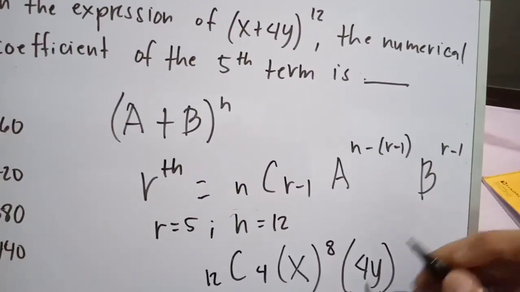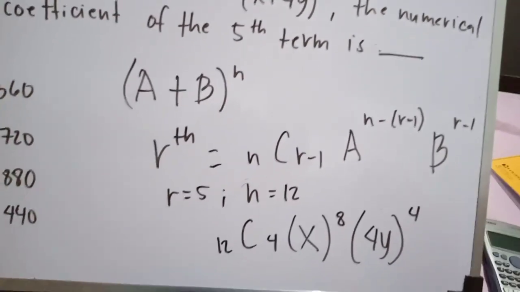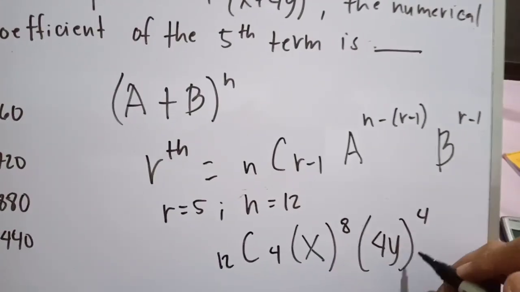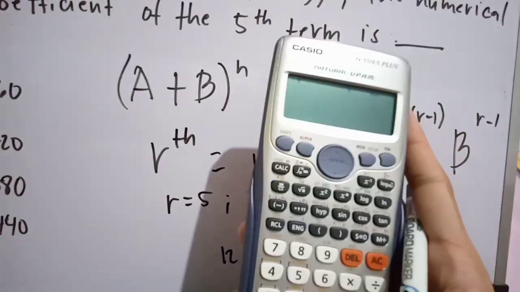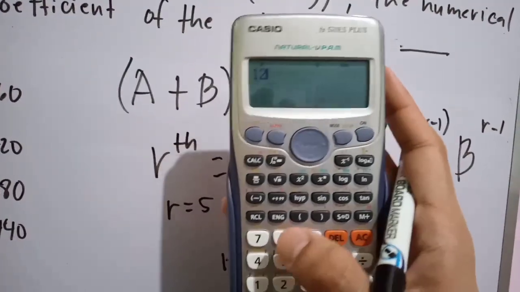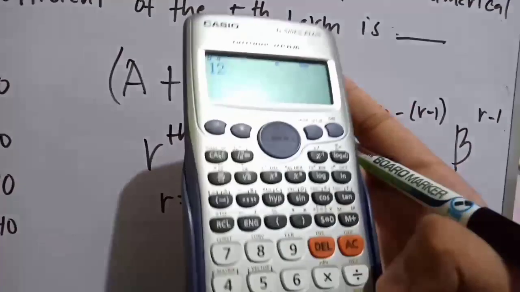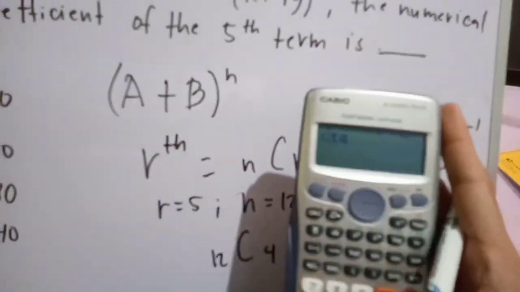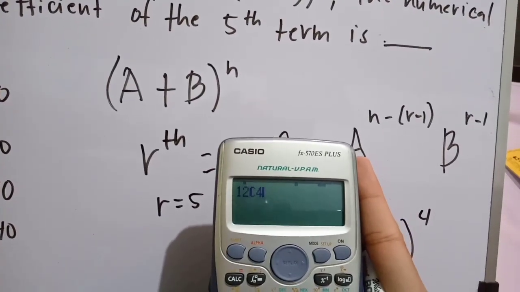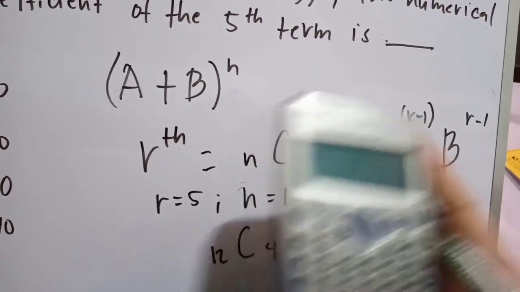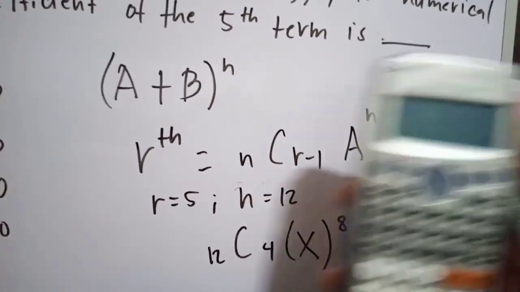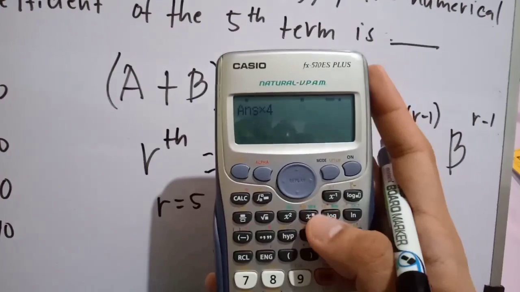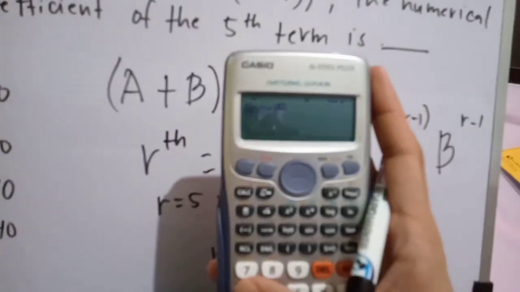Tapos anong r minus 1 ulit? 4. So ito, kunin mo lang yung 12 combination 4 times ito, 4 raised to 4. 12 combination 4: 12, tapos shift, divide, combination 4. 495 times 4 raised to 4.